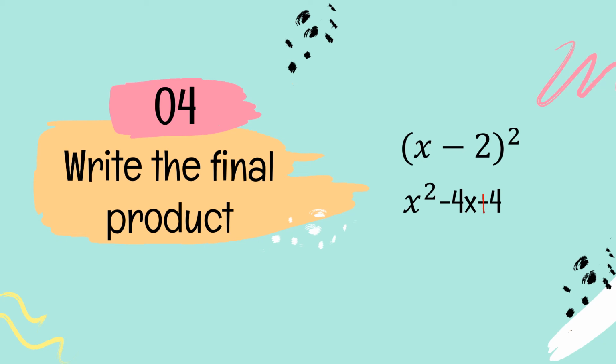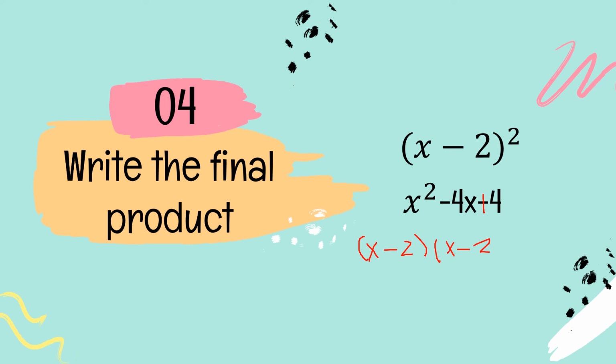And kung ginamit natin yung foil, do we have the same answer as nung ginamit natin yung foil? So let us see if they are really the same. Parang magkaiba pala yung binigay kong problem. So, tingnan natin kung pag ginamit natin yung foil, if we will arrive with the same answer. So, that is x minus 2 times x minus 2.